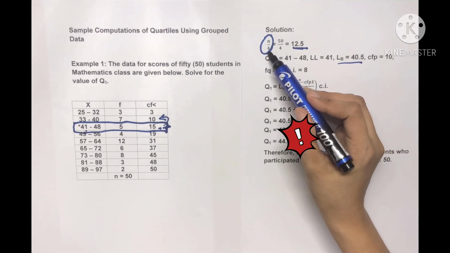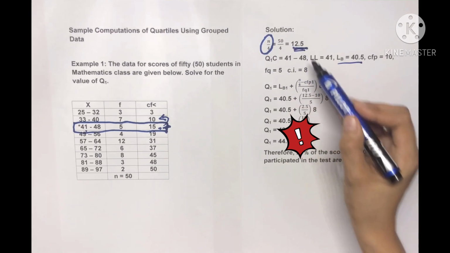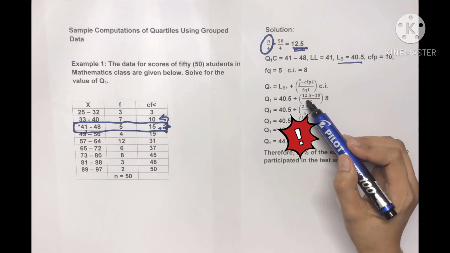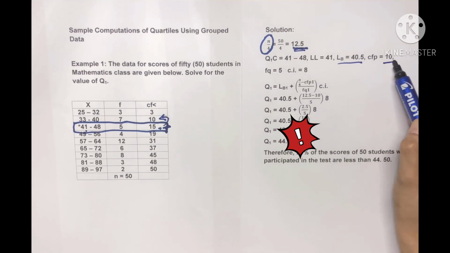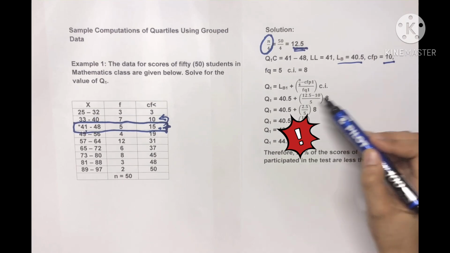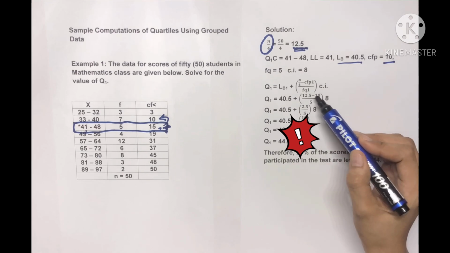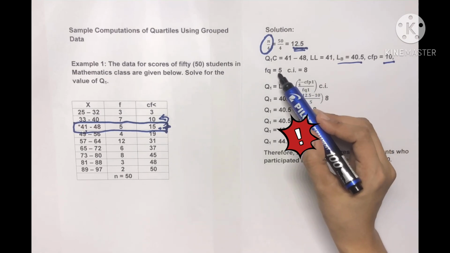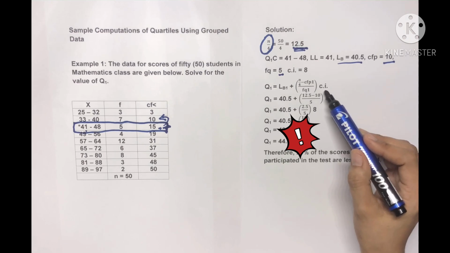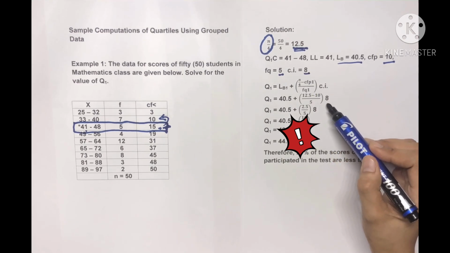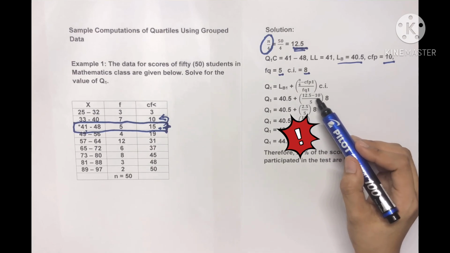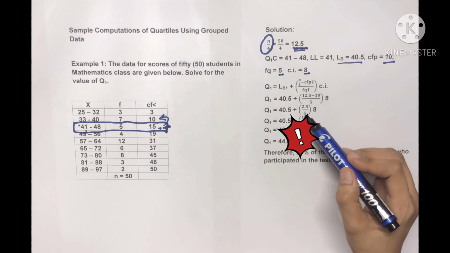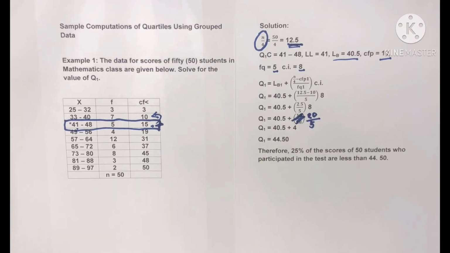So n over 4 is 12.5, so you can write 12.5 minus CFP, the cumulative frequency before the quartile class, which is 10, over our frequency, which is 5, times your CI, which is 8. So 40.5 plus 12.5 minus 10 is 2.5, divided by 5, times 8.